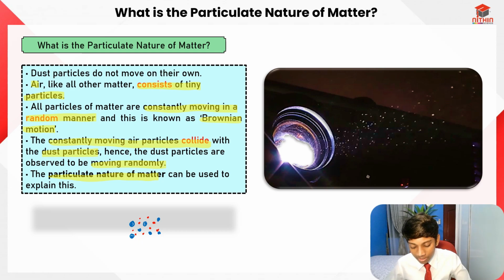What happens is that these air particles collide with the dust particles, and the dust particles also collide with the air particles. Understand? Without this collision, the dust particles do not seem to be moving. It's because of the collision of the air and dust particles with each other that the dust particles seem to be moving around. So I hope you understood this.